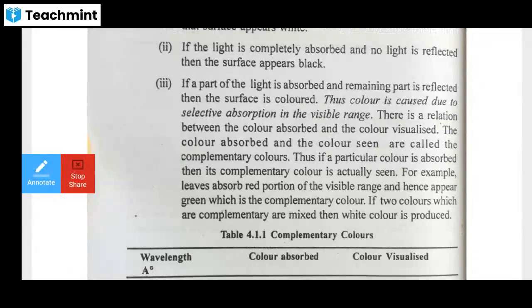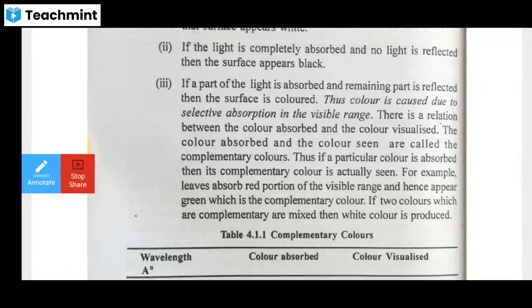So reflection is the most important part. If that particular wavelength of light is not reflected, then how can we identify which types of colors are there?